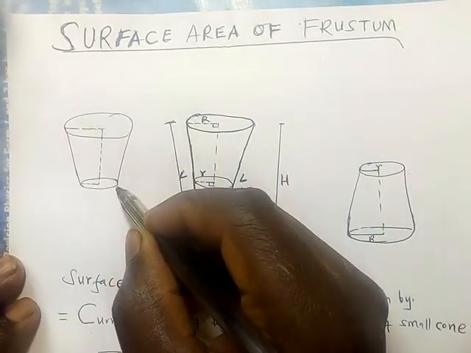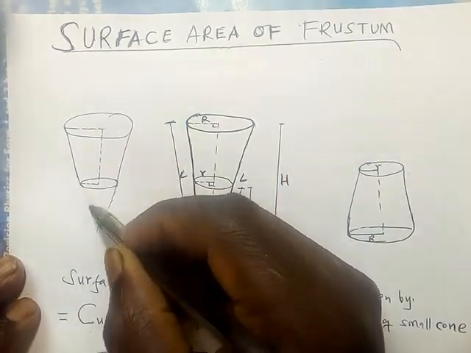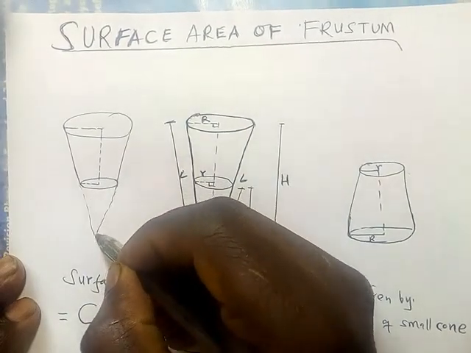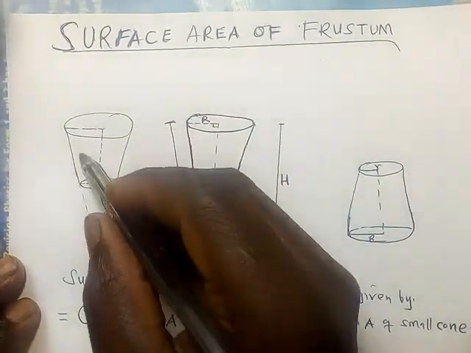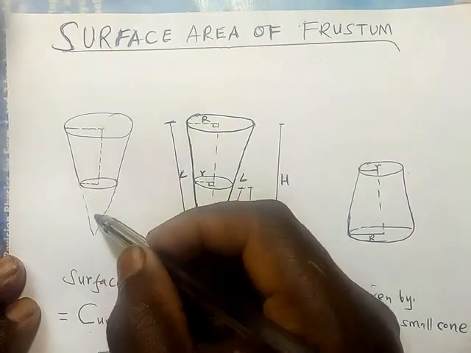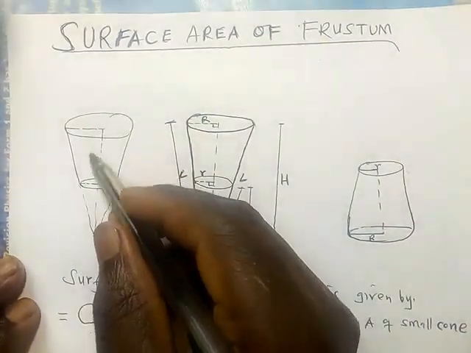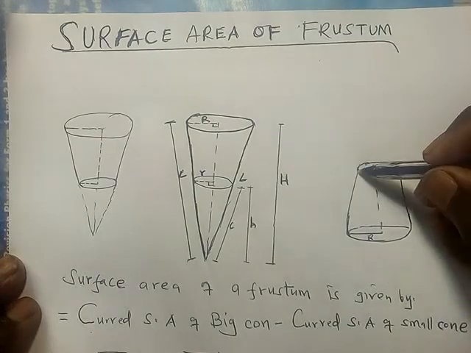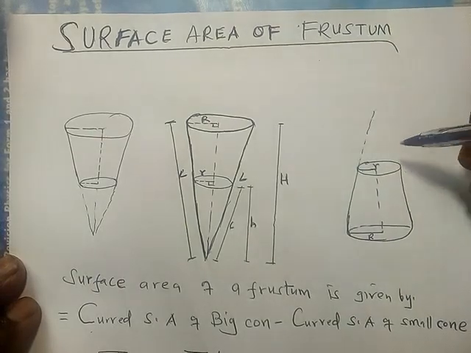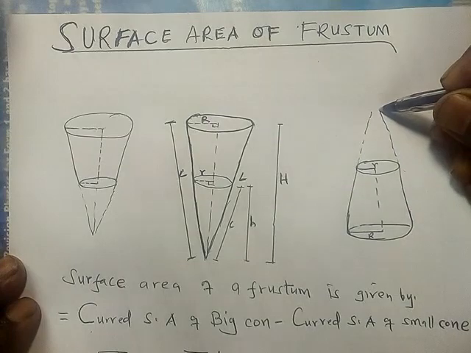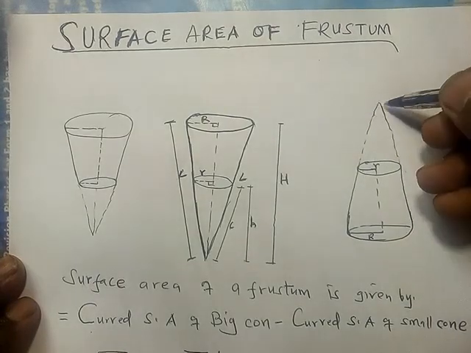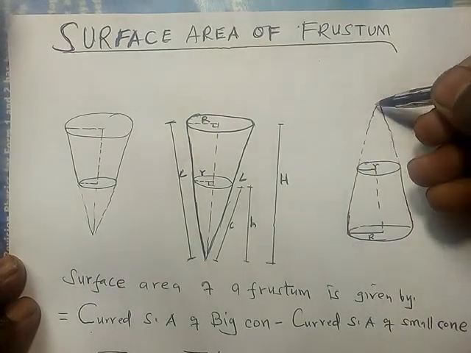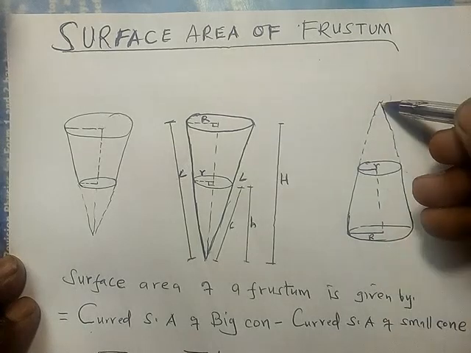So if I extend this line, we will have a big cone and then a small cone cut from it to form a frustum. As you can look at this frustum here, if I extend it upwards, I will form a big cone. There is this big cone and then there is this small cone.